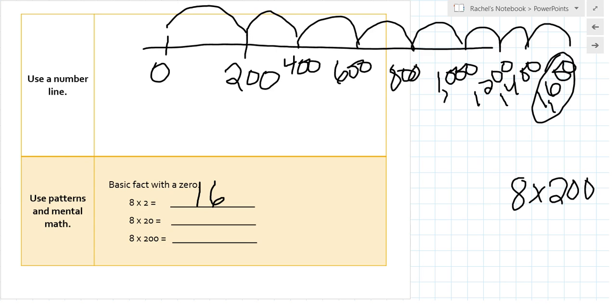So then we can use that same strategy here. 8 times 2 is 16. 8 times 20 would be 160. And we had the kids count 8 times by 20, 20, 40, 60, 80, and so on, so that they saw that it's actually true. And 8 times 2 again is 16. So we put a box around that basic fact and how many zeros? 2 zeros.